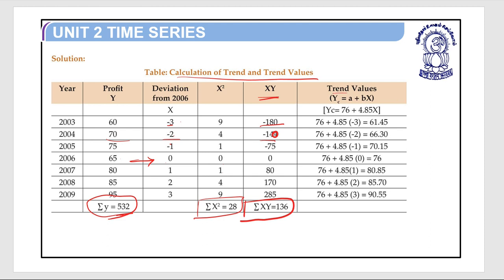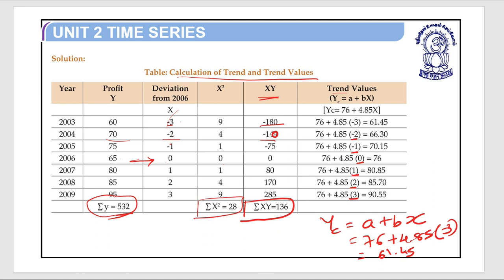So trend value yc is equal to a plus bx. The value of a is fixed, 76, plus bx. B is constant, 4.85, but x varies. So x is minus 3, so it is 61.45. In the same way x varies minus 2, minus 1, 0, 1, 2 and 3.